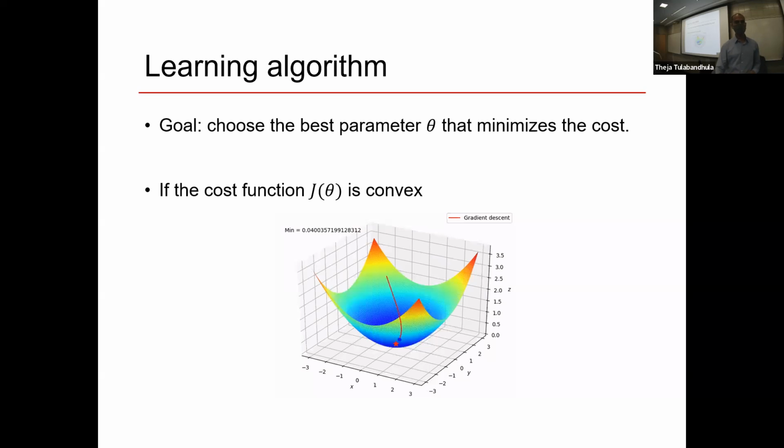But pictorially, what's happening? Let's think of theta as just two-dimensional. Although here we're writing x comma y on these axes, just think of that as theta naught and theta 1. So two dimensions, two parameters, two coordinates, two unknown numbers to search for.